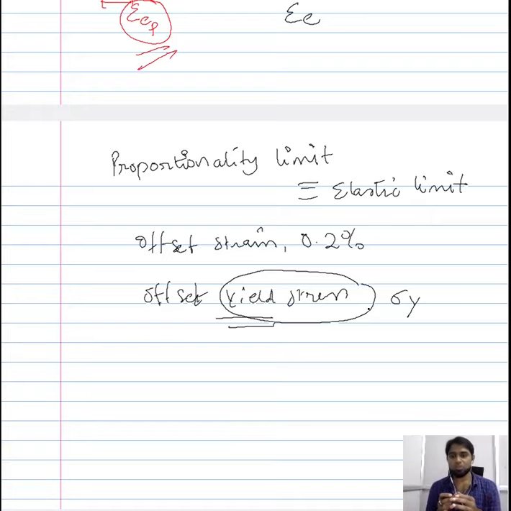Now we also saw that when we load and unload a material within the elastic limit, the loading and unloading follows the same path, and it is important to note that once you unload the material, the path it retraces will be instantaneous. Beyond the elastic limit there is a different path the material takes when you begin to unload it.